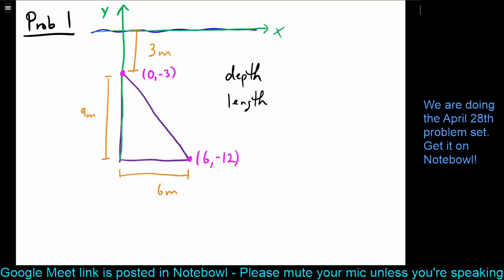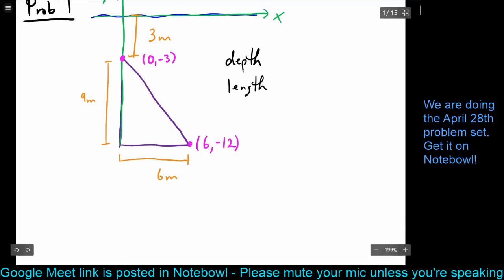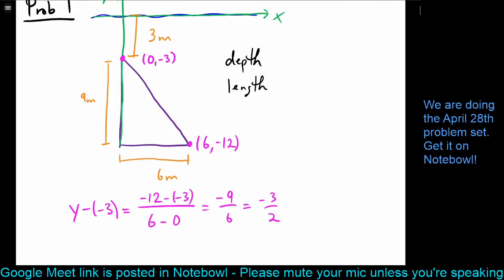Okay. So using this information, we can get an equation for this edge of the triangle. So let's see, we'll use y minus -3 equals (-12 minus -3) over (6 minus 0). So that's going to be -9 over 6, or -3/2. Oh, sorry, I forgot a whole bunch of stuff there. This is going to be times (x minus 6).